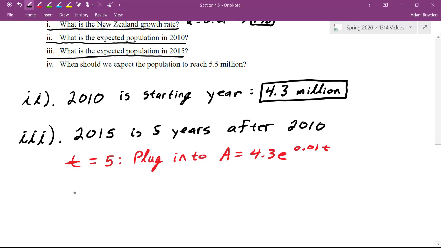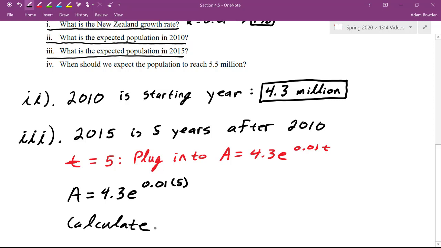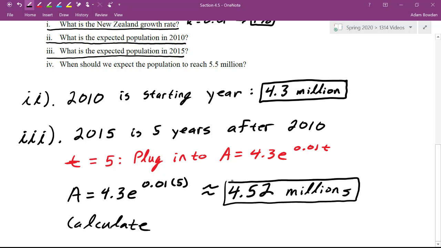So that would give me 4.3 e raised to the 0.01 times 5. This is something to calculate using the scientific or graphing calculator. If we calculate this out, we'll get approximately 4.52. So that tells us the future population, and of course it's referring to that in millions. So approximately 4.52 million.